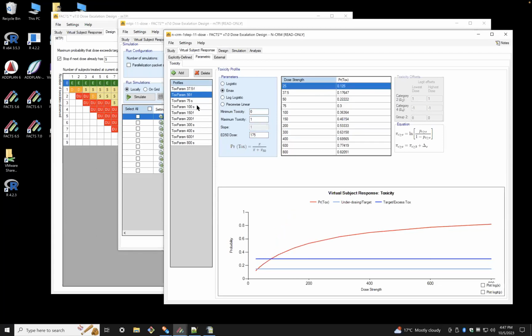So if we go down the scenarios, you can see cycling through the different models, variously making relatively flat curves or relatively steep curves, ensuring that one of the doses, and that's the dose named in the profile, lies in the target range. So here 300 lies in the target range. You can see it has a toxicity of 0.2689.